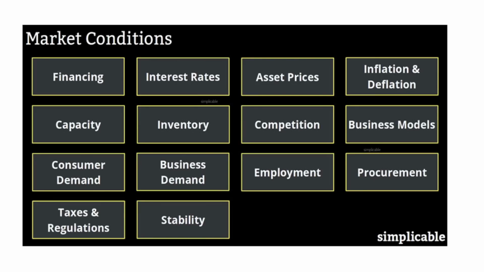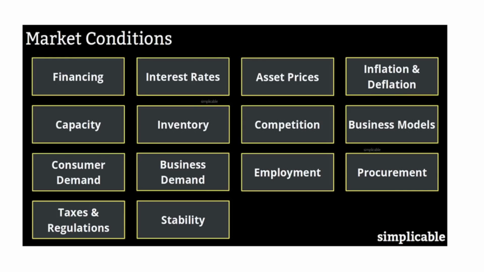This person had put down different market conditions that people are subject to: financing, interest rates, asset prices, inflation and deflation, the capacity, the inventory levels, competition, business models, consumer demand, business demand, employment, procurement, taxes and regulation, and stability.